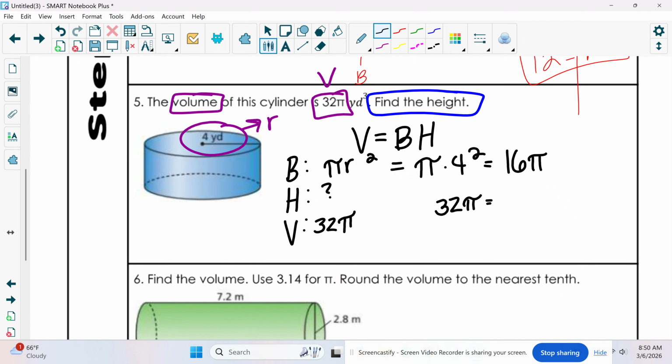I replace B with 16 pi, but I don't know H. So what am I solving for? Height. Part the waters. Isolate the variable. Because there's a pi symbol on both sides of the equation, they cancel out. So then you divide by 16, and what do you get, Jacob?